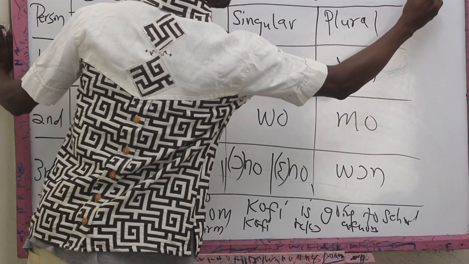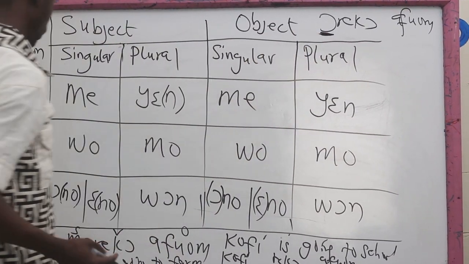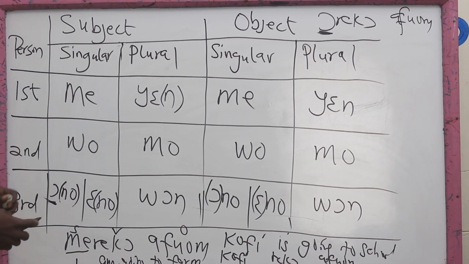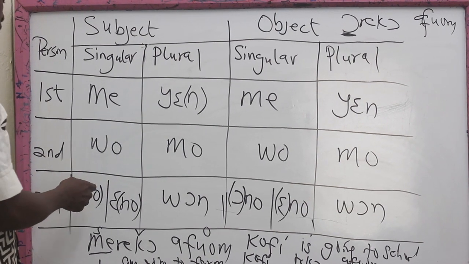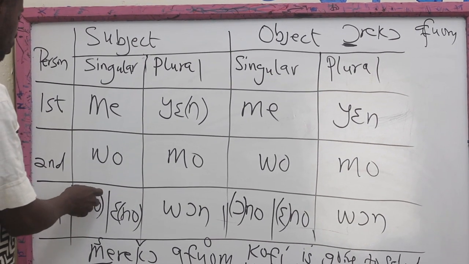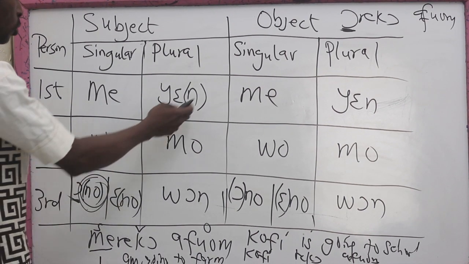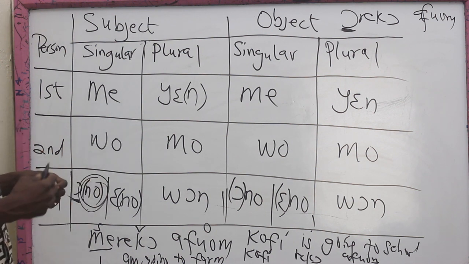Oko efuom. This o represents the third person. That's why I said this is with the subject pronouns, especially with third person, and the ones I've placed in parentheses are usually elided because of something we call economy of speech.